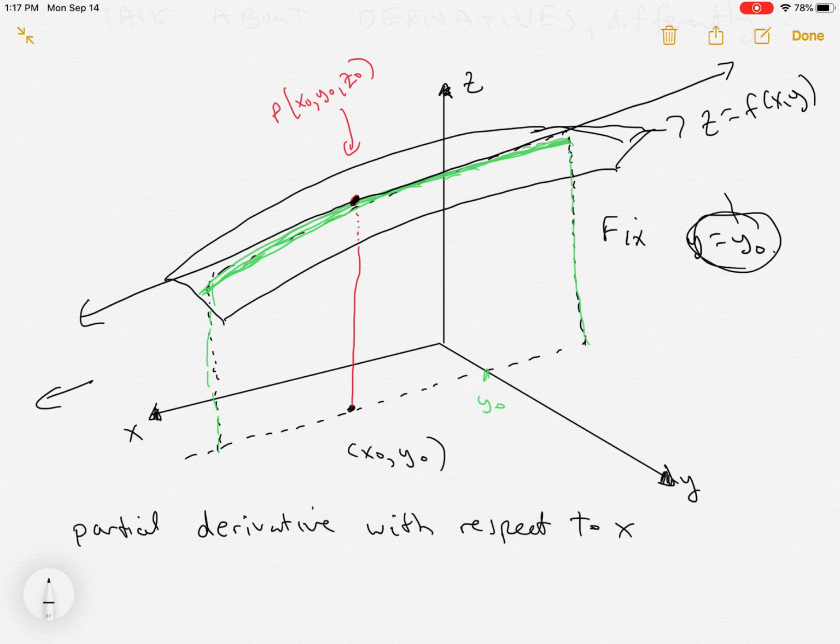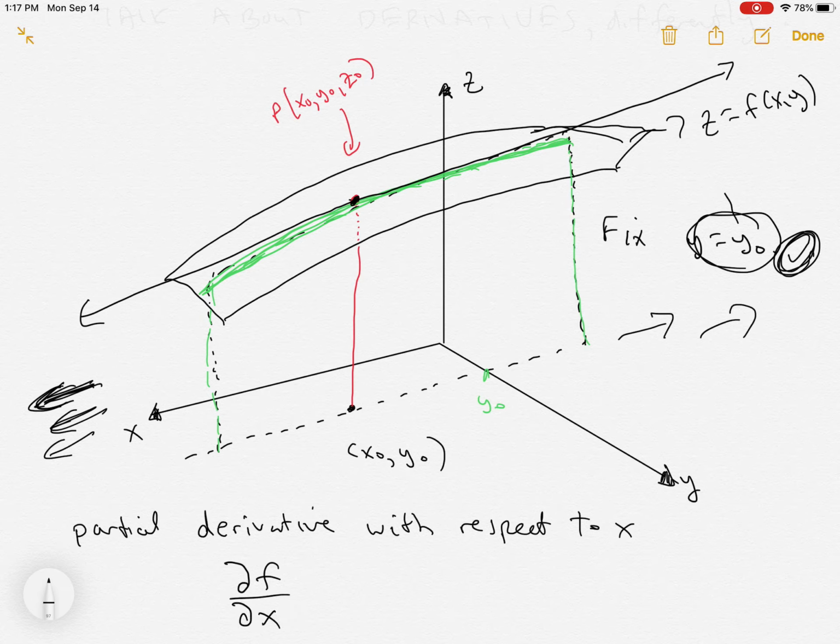Under this fixing, we fix y equals y naught at the point that we're given. I like to think about this as being in the x direction, right? Because we're differentiating along this line in the x direction, and there's no sidewards movement by y, okay? And so this derivative is the partial derivative with respect to x, and it's written as the curly d f d x.